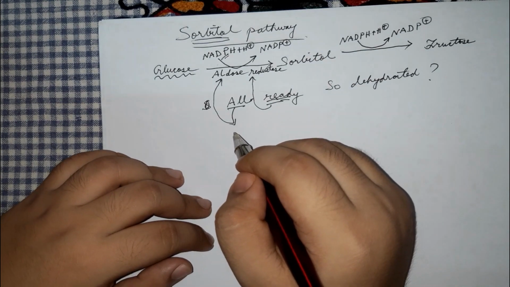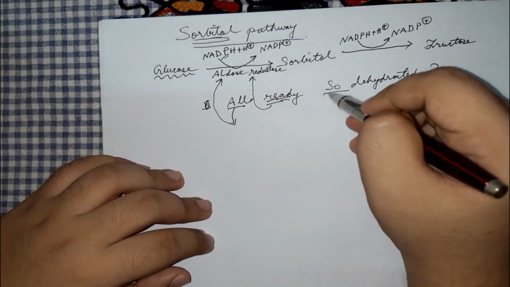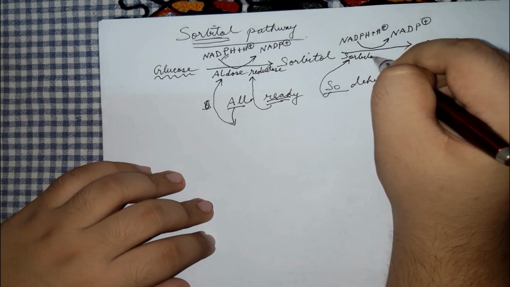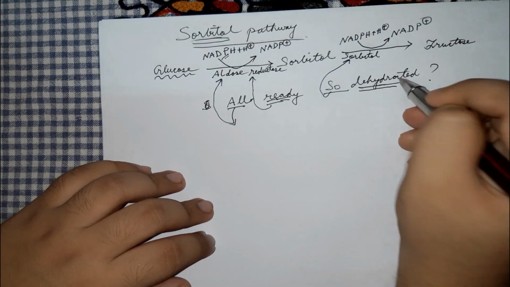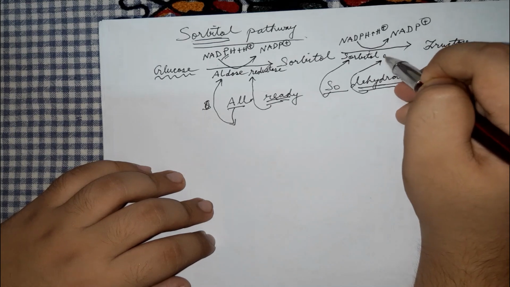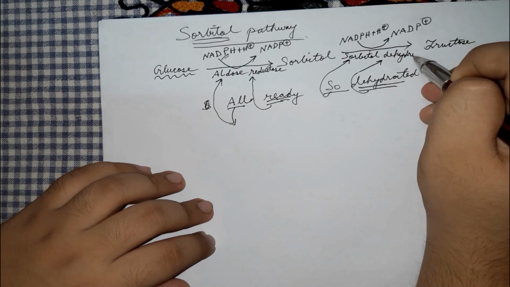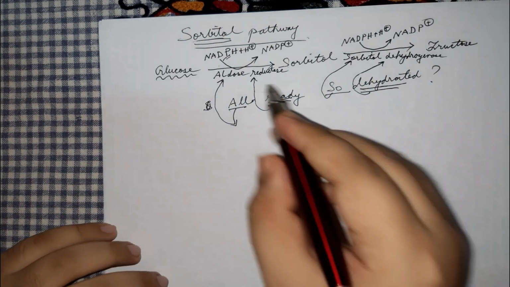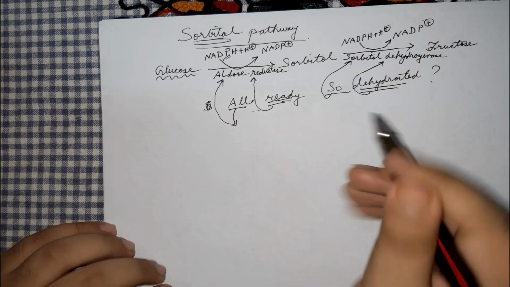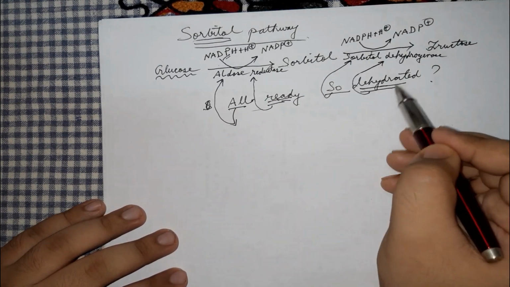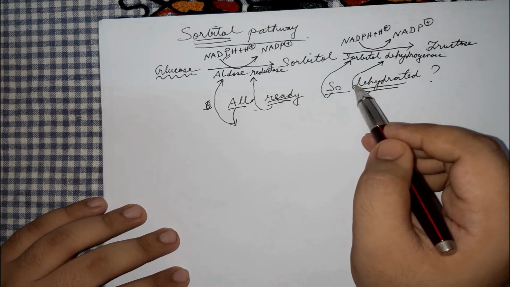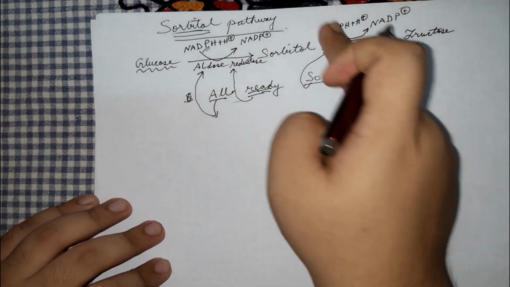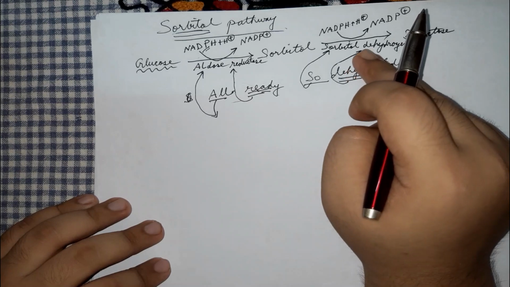Aldose reductase. "So dehydrated" is sorbitol dehydrogenase, not dehydratase, because there is no dehydration going on, so that's common sense. This is just a common redox reaction, so the name is dehydrogenase.